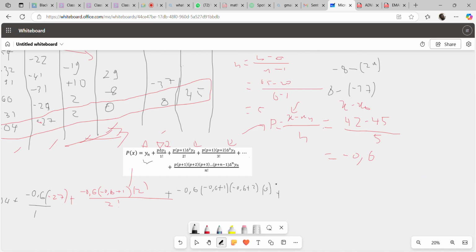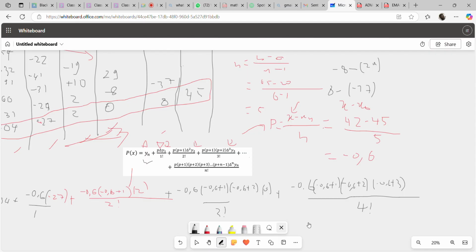I know I'm going to have this expression: 0,6 minus 0,6 plus 1 minus 0,6 plus 2 minus 0,6. Now I will go plus 3. I'm just increasing. This one was supposed to be 3 factorial, so this one should be 4 factorial.